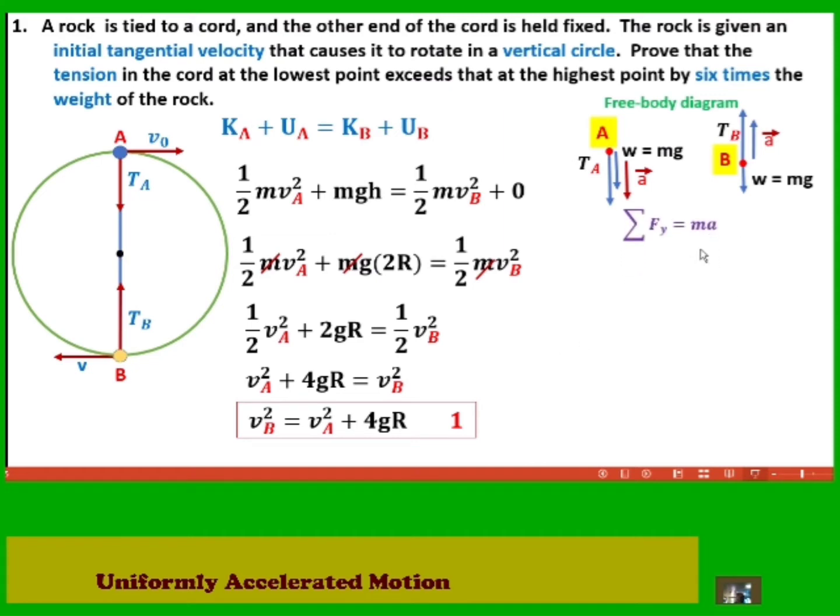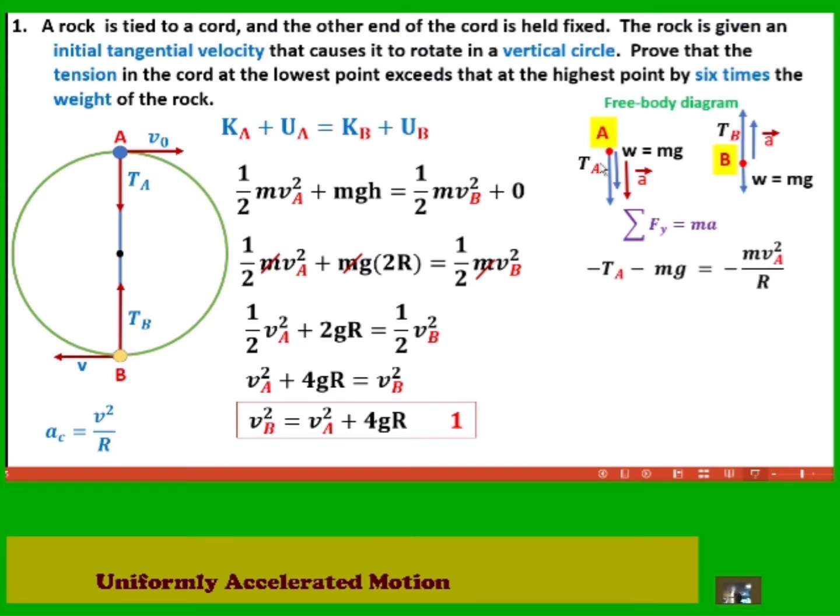From Newton's second law, the summation of all forces along the y-axis is equal to mass times acceleration. At point A, our acceleration is the central acceleration since the body is moving in a circle, which is equal to the square of the speed divided by the radius.